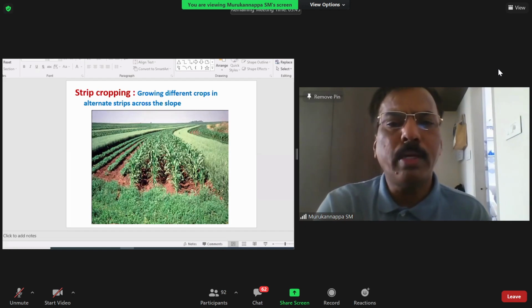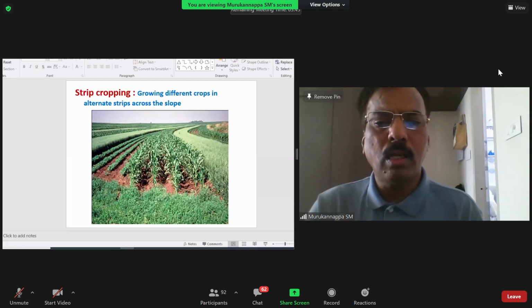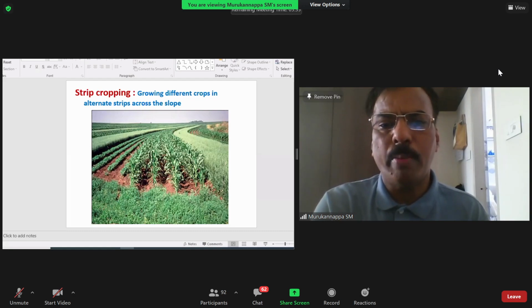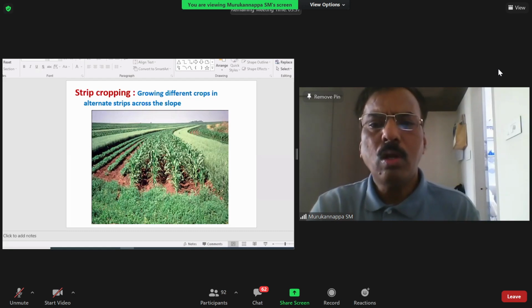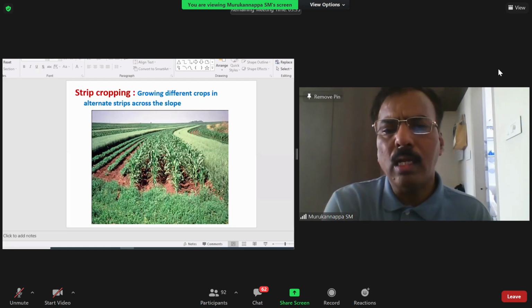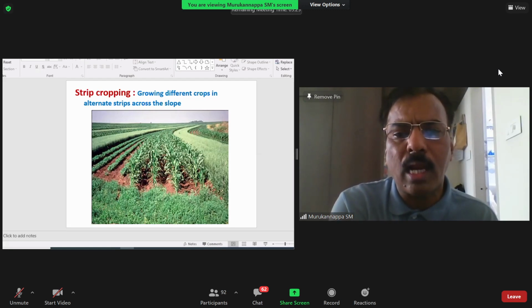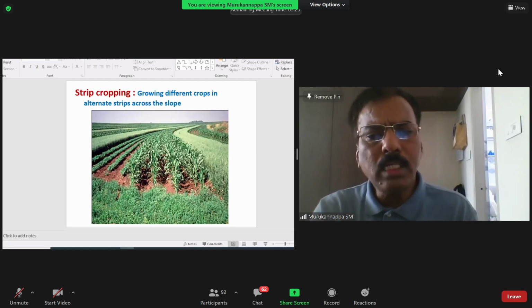See this figure, it indicates the growing of maize, followed by soybean, or followed by wheat. So there are different strips of different crops grown. What is the principle behind this?